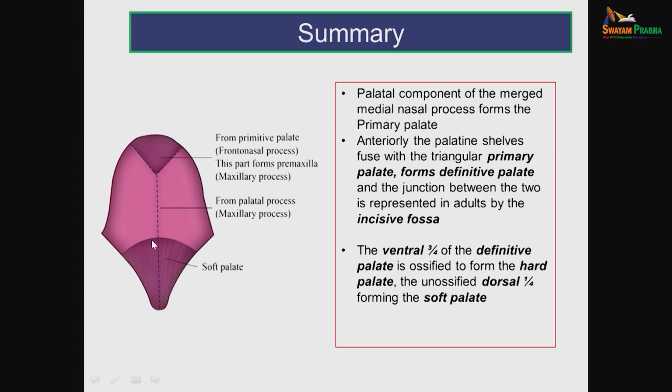The primary palate and secondary palate fuse. The junction is marked in adults by the incisive fossa. Then the ventral 3/4 of the definitive palate is ossified and forms the hard palate. The unossified dorsal 1/4 forms the soft palate. So, this completes the development of the palate.